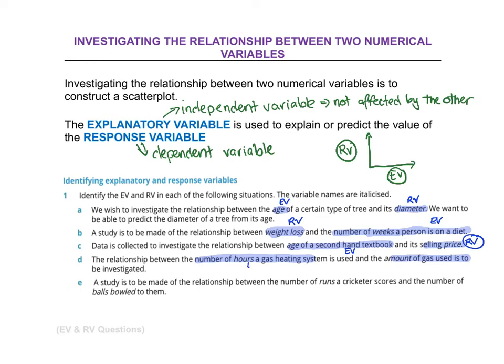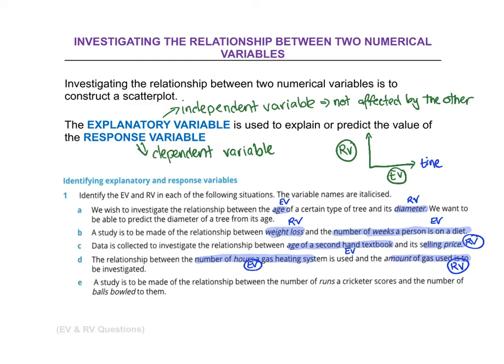Number of hours is explanatory, yeah? And the amount used will be the response. A good little way to know: when you do your graphs in science, isn't time often along your x-axis? So it's a good little indicator. Time is often explanatory or independent.